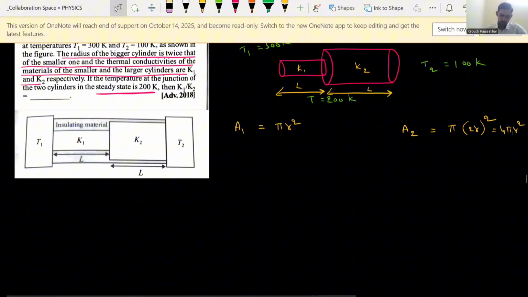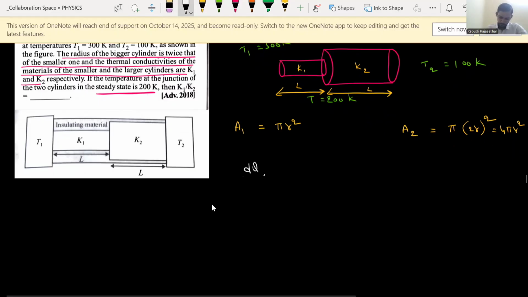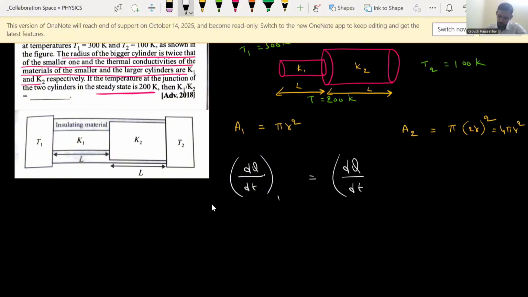So just write the equation that dQ by dt, rate of flow of heat in the first rod should be equal to dQ by dt in the second rod.